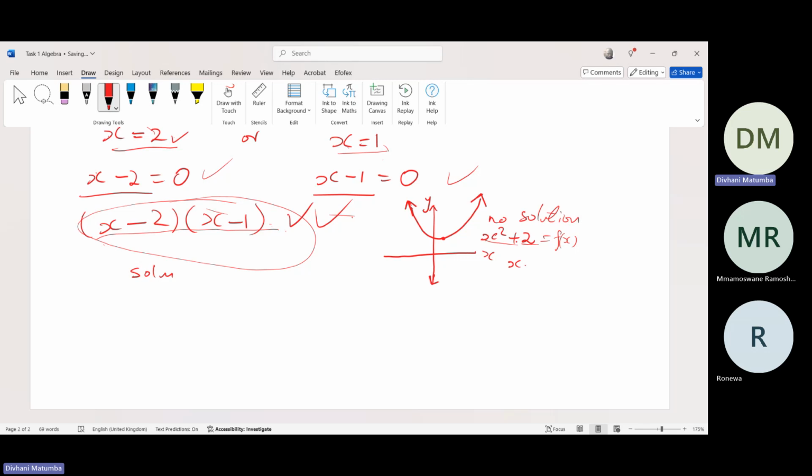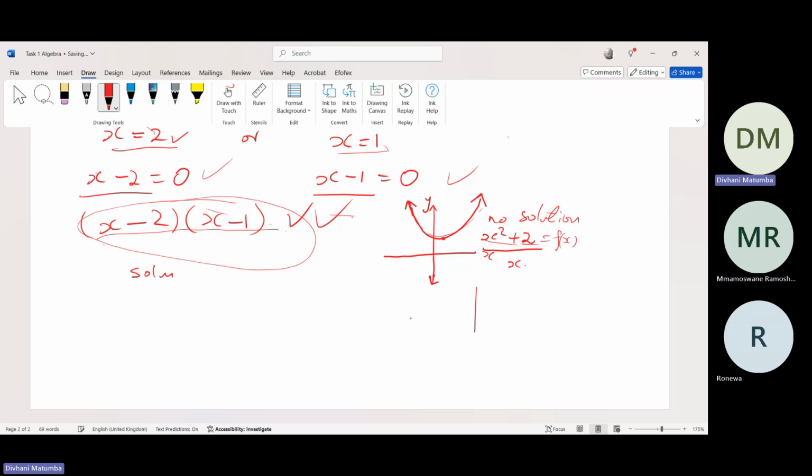Okay, is this the difference between two squares? First of all, is it a difference? No. So if it's not a difference, do we have solutions? No, we don't have solutions. So that's a typical equation for graphs like this one. They don't have solutions. You won't find them. The solutions are not real.